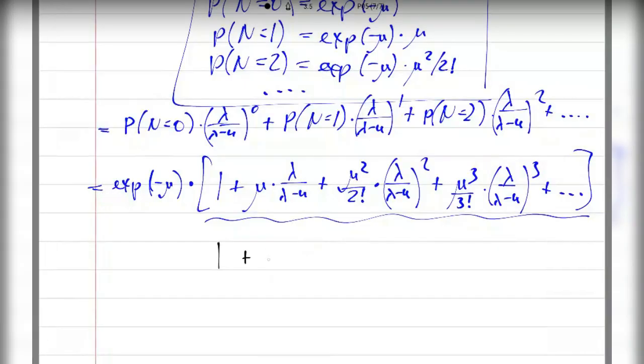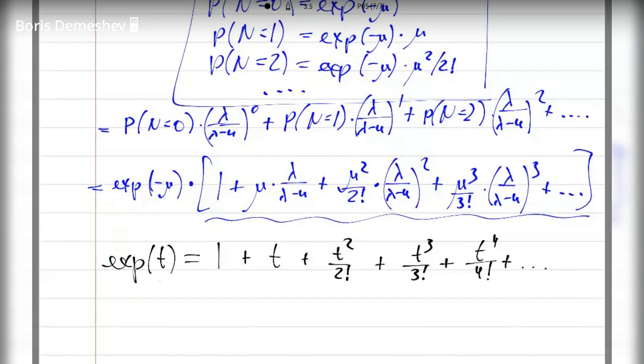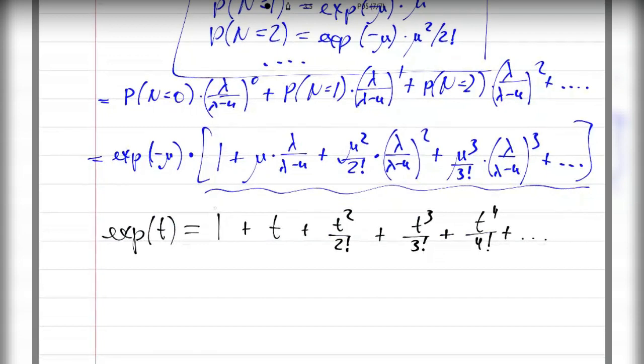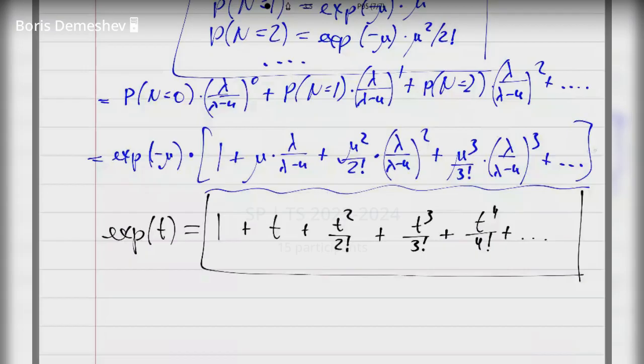1 plus t plus t squared over 2 factorial plus t cubed over 3 factorial, t to the power 4 over 4 factorial. And if you remember, that's just the formula for the exponent of t. We just see this known formula in our expression.